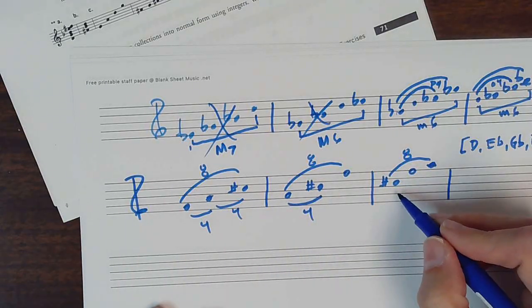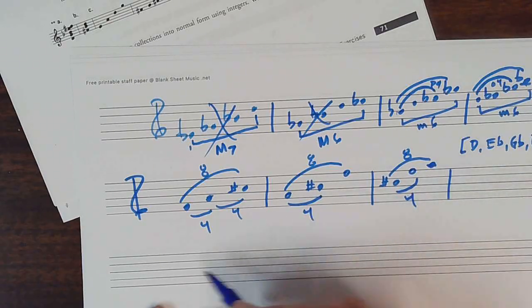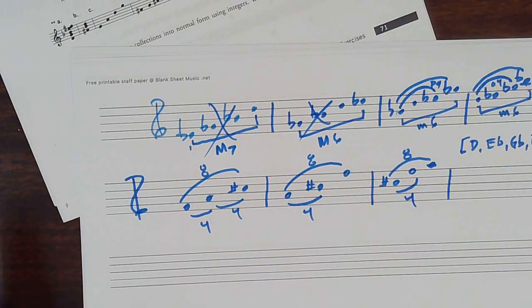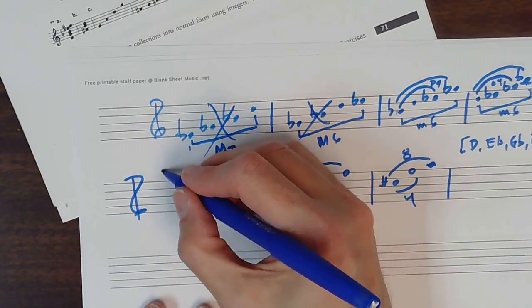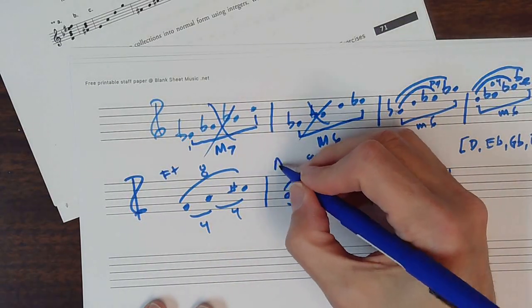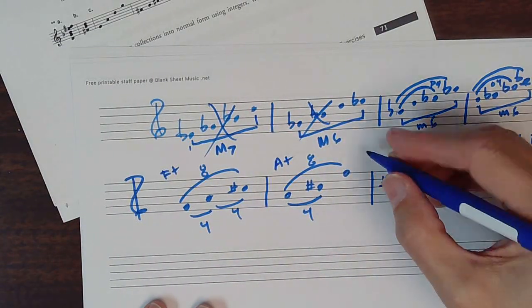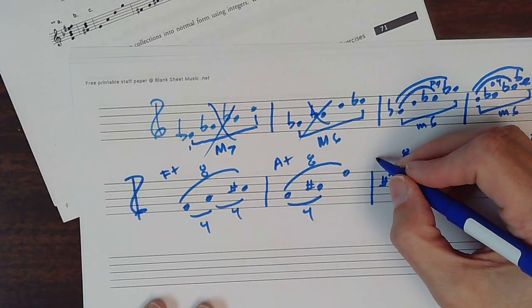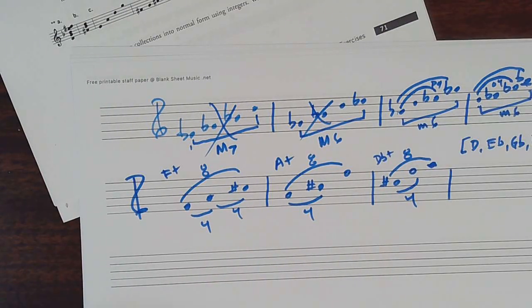That's 4 half steps. C sharp to F is also 4 half steps. You might recognize that this is an F augmented triad, which is the same as an A augmented triad, which is the same as a C sharp or D flat augmented triad. So these are all a tie.